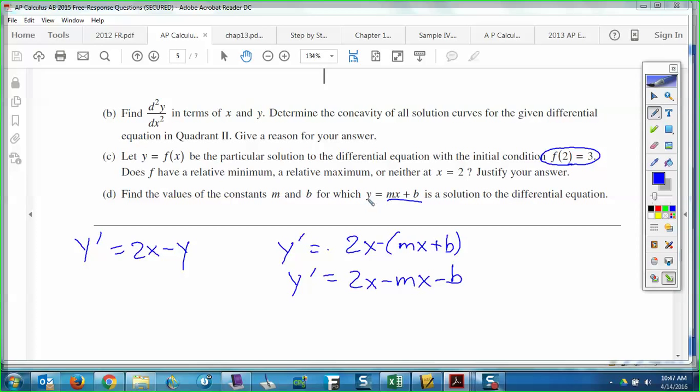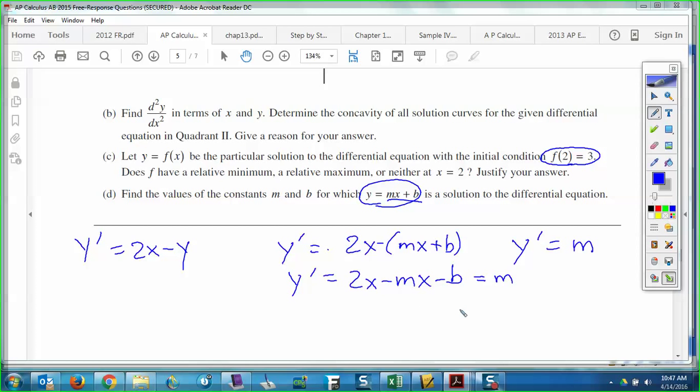And also, if this is a solution, then y prime of this would equal m. So I'm not sure that helps us. Find those two equations. Let me think about that one a little more.